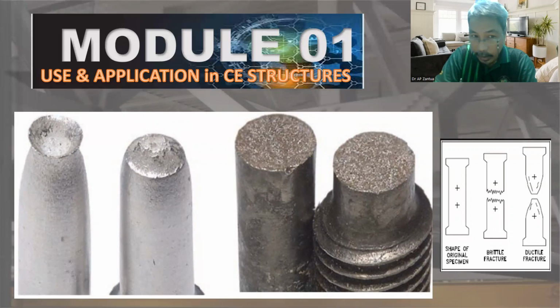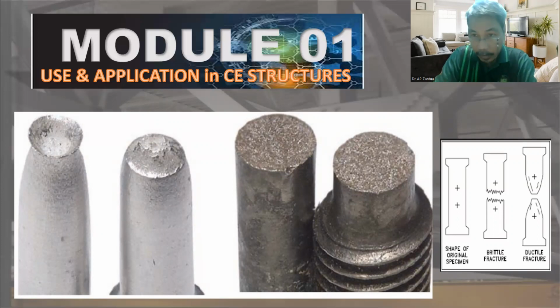The meaning of warning here is that you can observe that there is necking. As soon as you observe something like necking, you can discontinue the use of the structure, like a bridge.